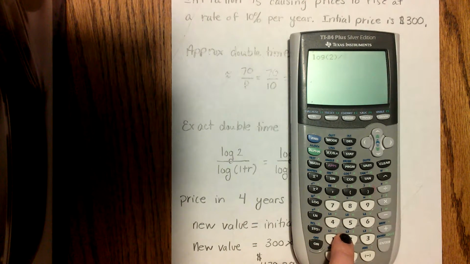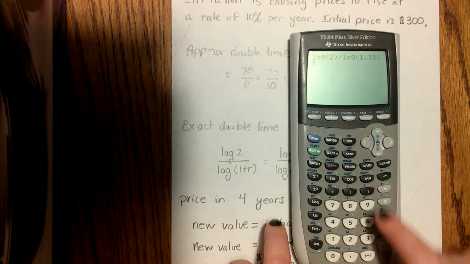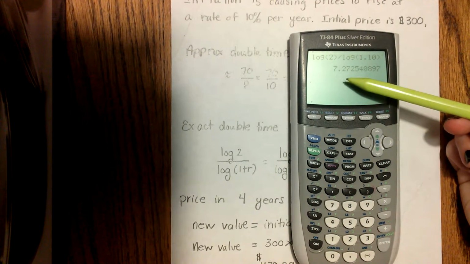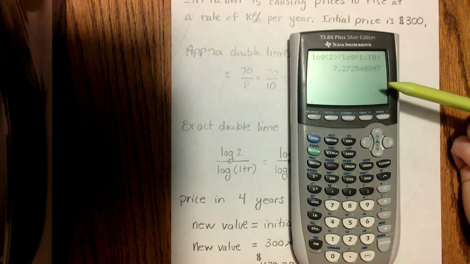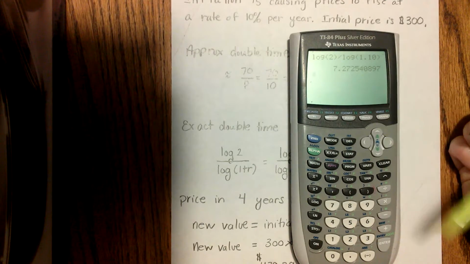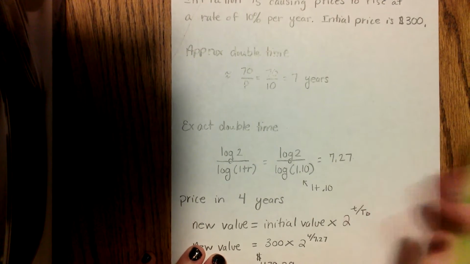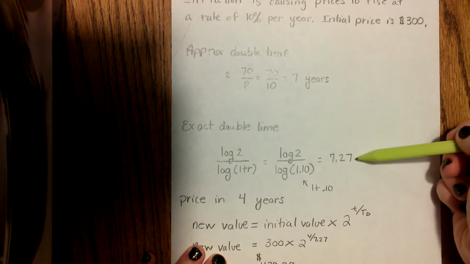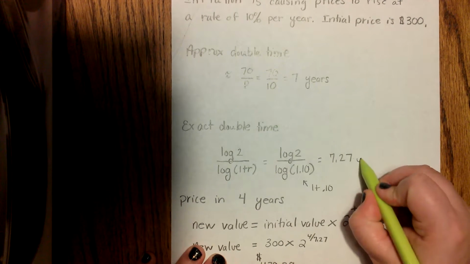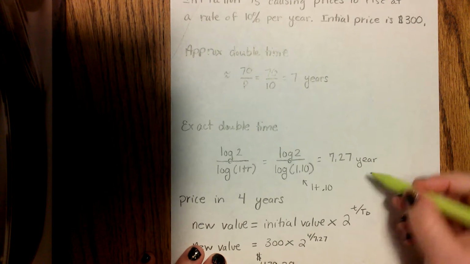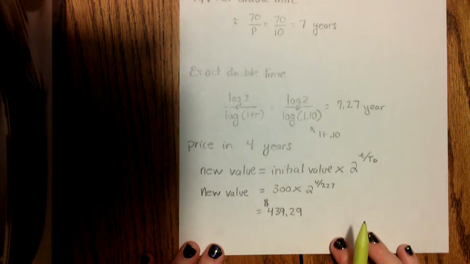Then I'm going to divide by log of 1.10, close parentheses, and I hit enter. And it gives me 7.2725, etc. We're going to round to 2 decimal places, so we're going to say 7.27. So this gives us an approximate time of 7 years, and then the exact time we use the log formula.